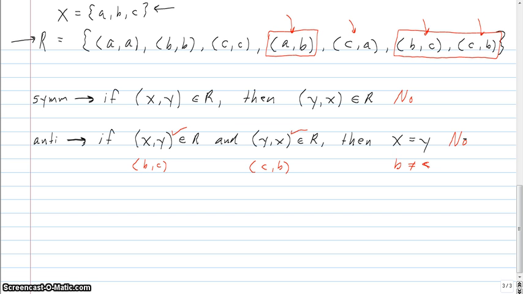I mean, these two elements are symmetric to one another, so we can't claim that the relation is completely antisymmetric, right? Because these two are, we have BC, and then the elements reversed. Those have symmetry.